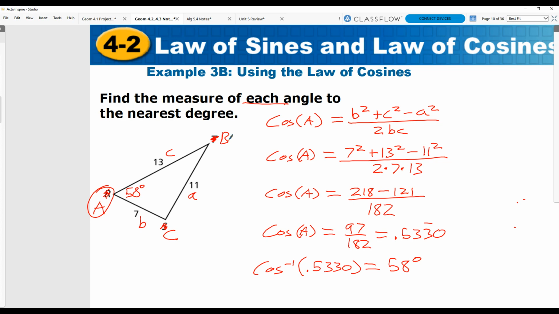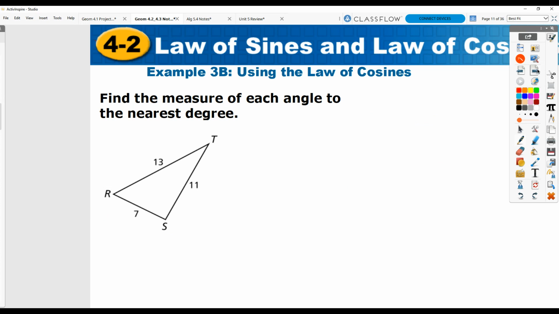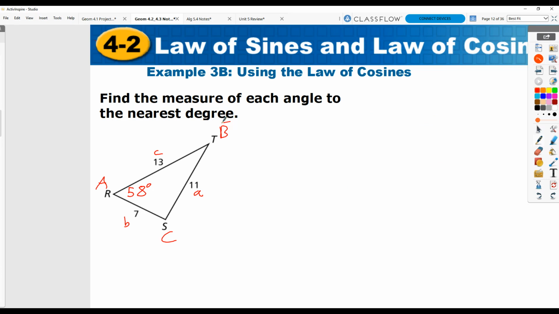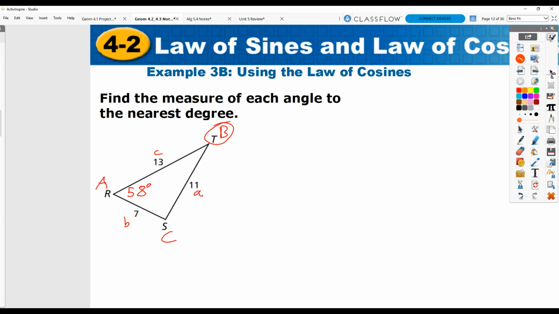All right, so I definitely ran out of room on this slide, so I'm going to go to my next slide here, not this one. This one right here, because I already know that that's 58. So now I'm going to go to angle B and I'm going to get that calculated. Okay, so angle B, we're going to go back and take a look at our formulas.